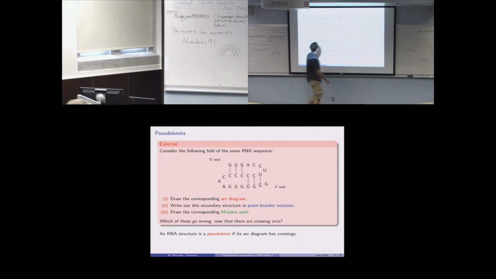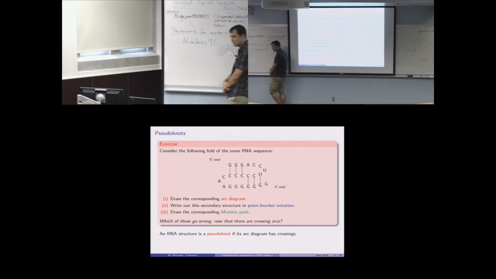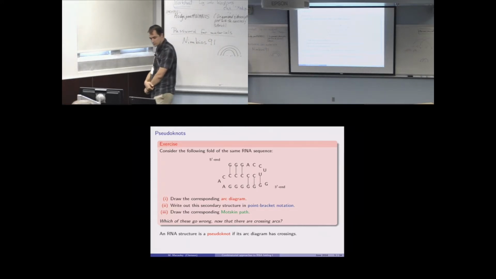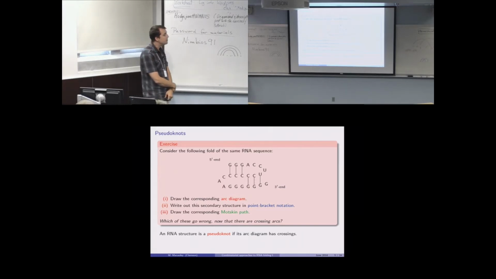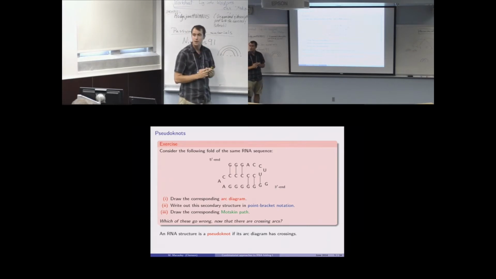And the previous slide had, notice what happened. Like previous slide, these snap together and those snap together. This slide, those snap together. So you'll notice that you can create a point bracket notation for this.